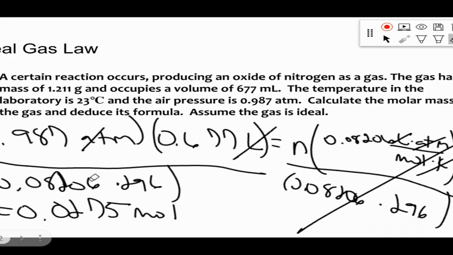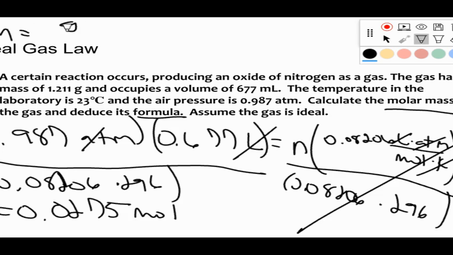Okay, now I have my number of moles. It tells me that I've got to figure out the molar mass and its formula. So remember, molar mass is equal to grams over moles. It told me my number of grams, so I know that it's 1.211 grams. I just solved for my number of moles.